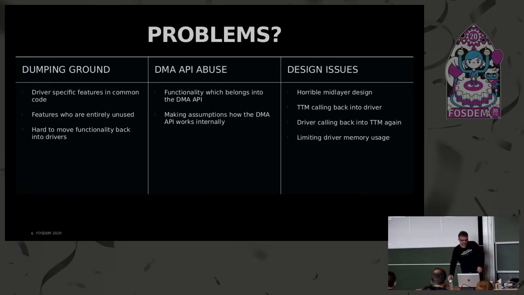The first problem is that after TTM was merged in the upstream Linux kernel, it quickly became a dumping ground of driver-specific features. Whenever a driver maintainer had a feature which he wanted to implement, he just put it into TTM instead of his driver, because the assumption was that somebody else could sometimes make use of that.